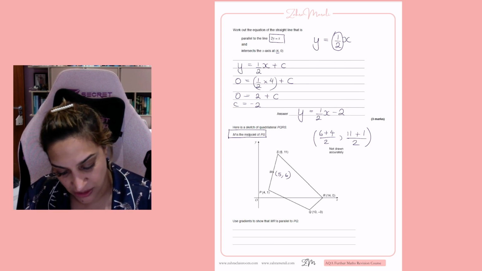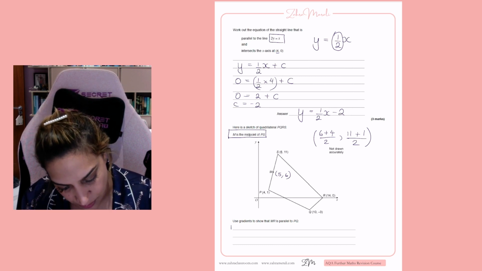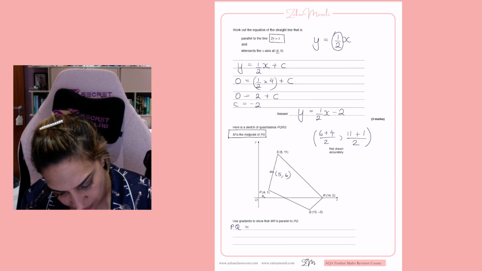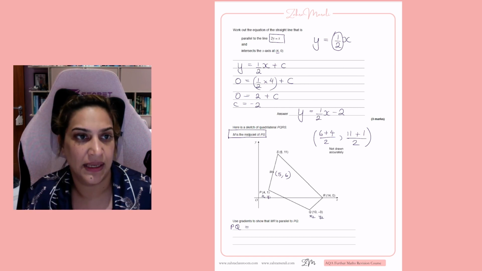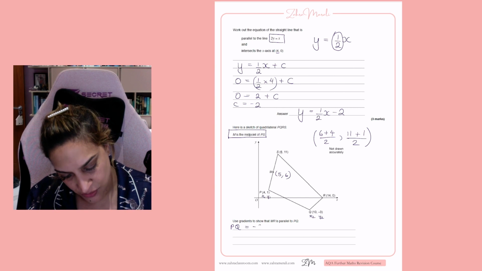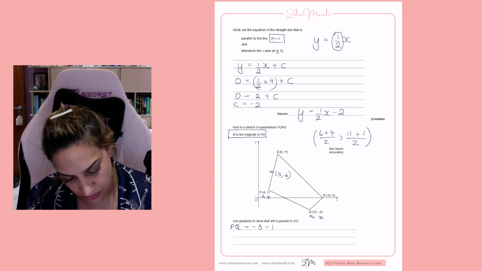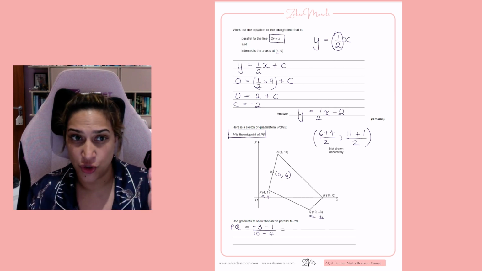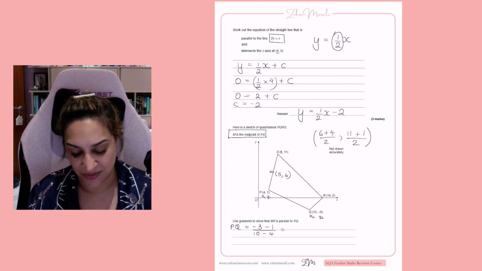Right, so let's do PQ first. So for PQ, if I do x1, y1, x2, y2, and I'm going to take away, so we're going to do minus 3 minus 1 over 10 minus 4. Now, if you look at the slope, you're expecting a negative slope.